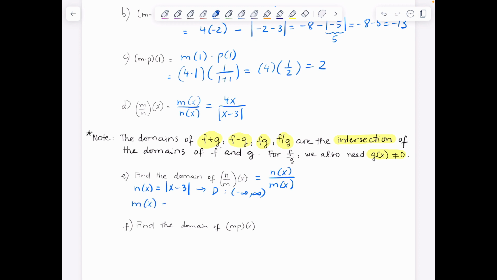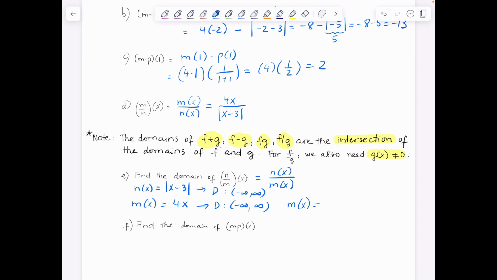Function m of x is defined by 4 times x. Same with this function, there's no restriction, so the domain is all real numbers. In addition to these two domains, we also need to make sure that the denominator m of x cannot be 0.